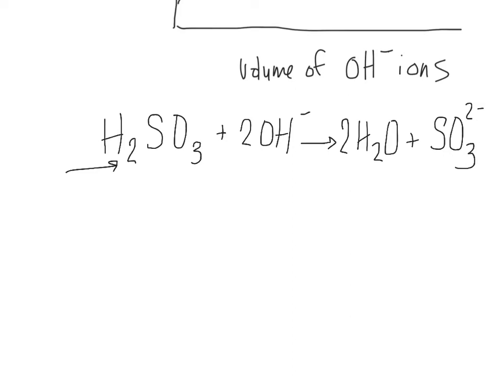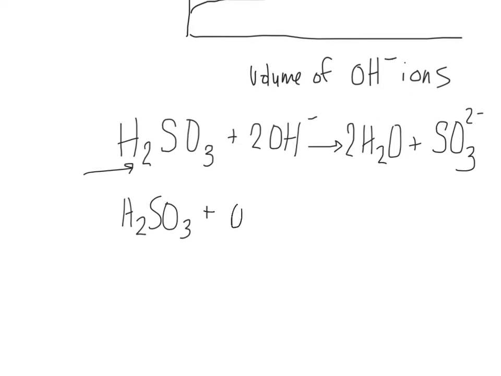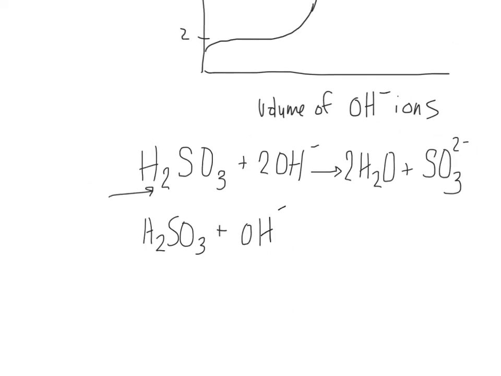So the reason why there's 2 humps and there's 2 stages really is because H2SO3 reacts first with just 1 equivalent, or 1 mole, of hydroxide. And the first complete substance made is 1 water and HSO3 minus, what's called the hydrogen sulfite ion. This reaction happens in completion before this second proton is ripped off by the hydroxide.